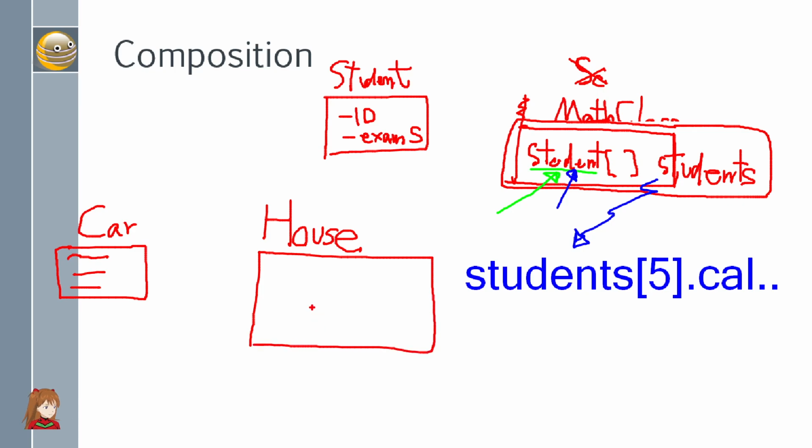Then let's say a small house that only has one space for a car. So it can have a variable Car inside the House, being the car of that house. Okay, that's composition.